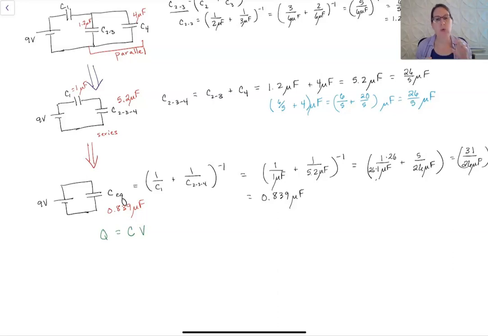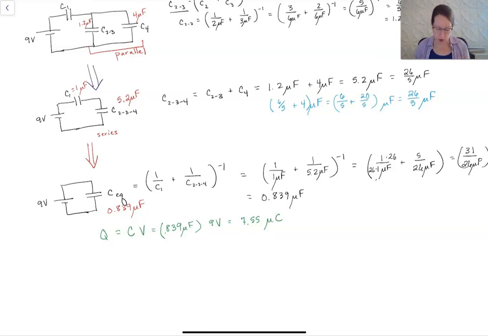Now I know the voltage across this equivalent capacitance is 9 volts, so it's 0.839 microfarads times 9 volts, and now I really do need my calculator. I get 7.55 microcoulombs. I'm just carrying the micro instead of turning it into a 10 to the minus 6 that I have to carry everywhere.